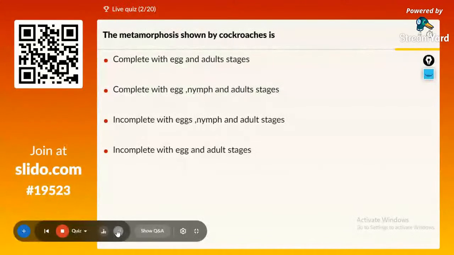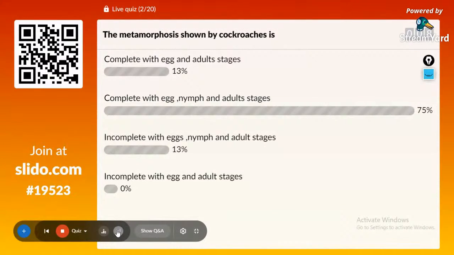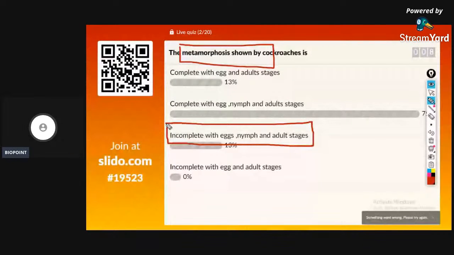The answer is incomplete with the egg, nymph and adult stages, because the nymph and adult of a cockroach resemble each other.